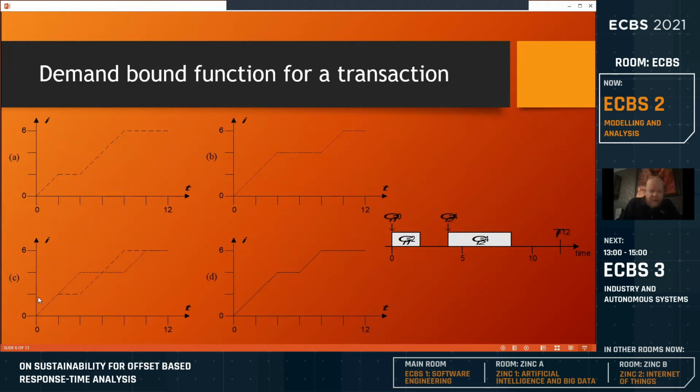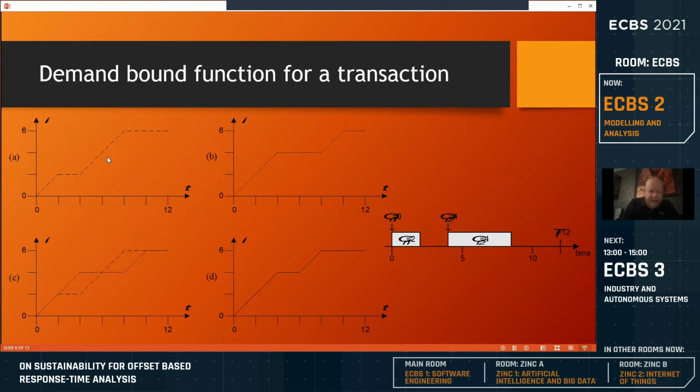And in the approximate analysis, what we do is we basically overlay them over each other to get the maximum interference for this transaction.